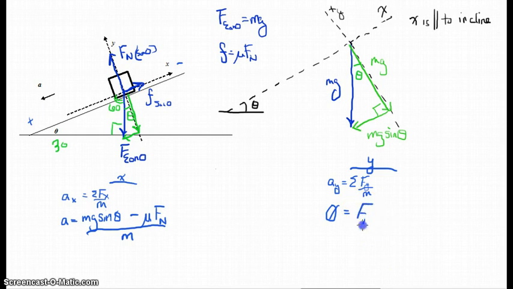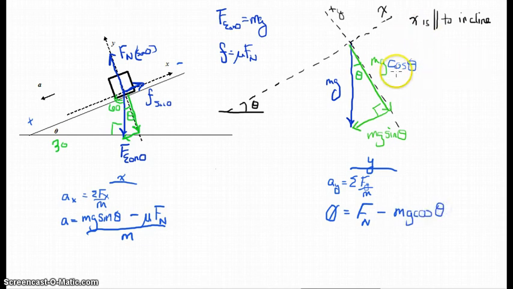So the normal force minus mg cosine theta, I don't know where that cosine disappeared to, but that should be mg cosine theta, is going to be in the y direction. So this is going to be mg cosine of theta.